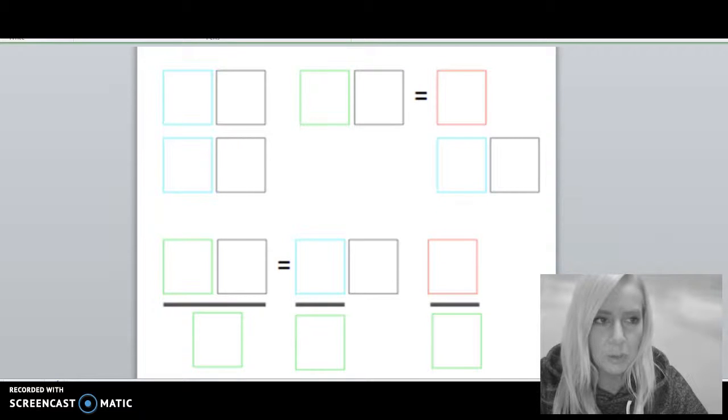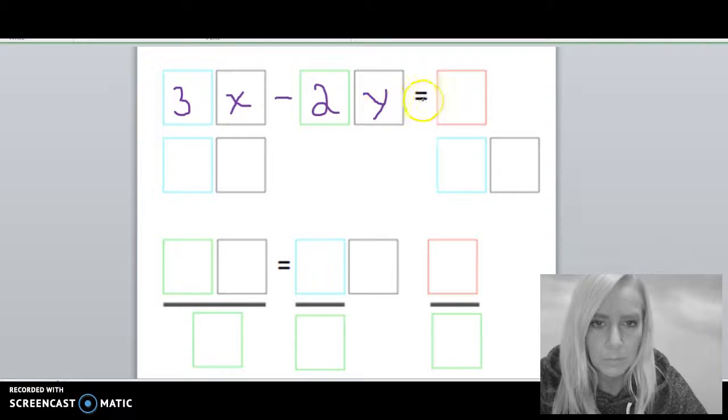So let's do the equation 3x minus 2y equals, let's do 8.